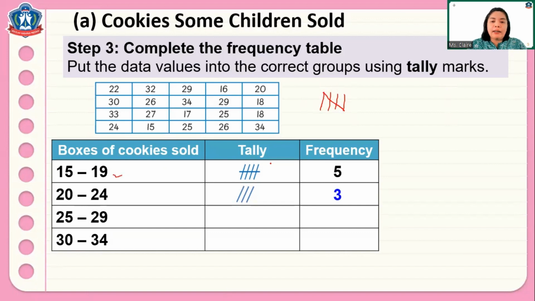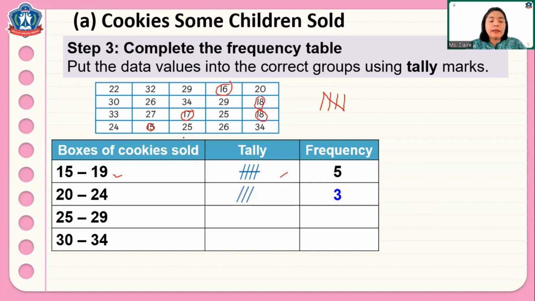15 to 19. We have here 5. Let's see. 15 to 19: 15, 17, this one falls in 15 to 19. 16, 18, and 18. Okay, there are 5, right? There are no values for 19. So 15 to 19 is 5.